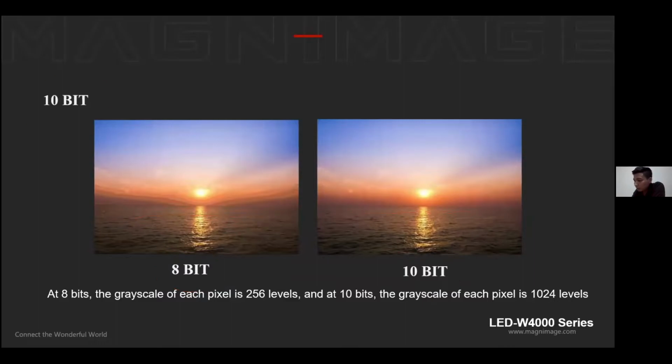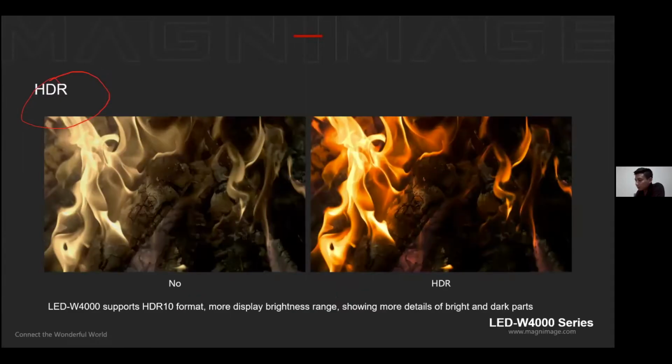So 10-bit is on the W4000 processor. And here is HDR. HDR is a new idea, but recently some clients want HDR. So we can check this model, we support HDR. What's the difference? The right is with HDR, the left is without HDR.